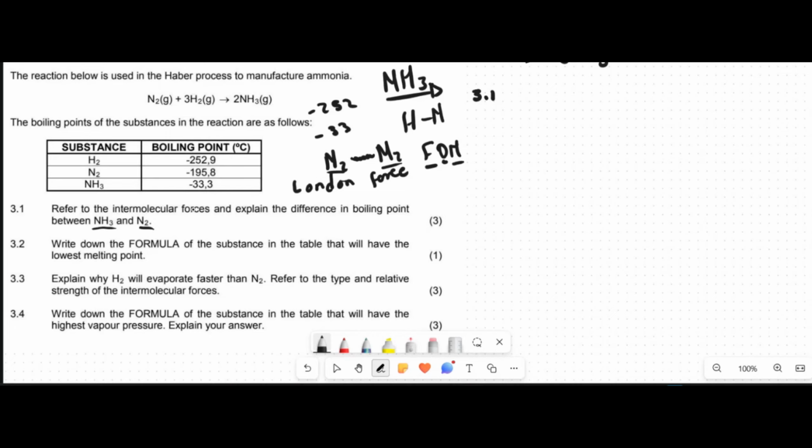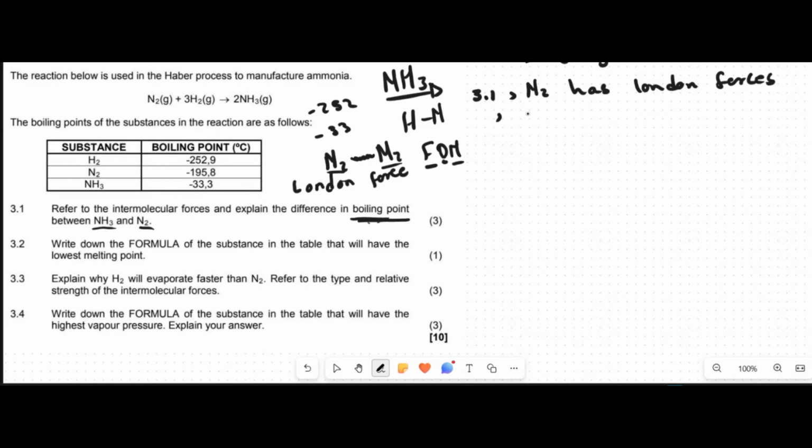So now you are going to explain the difference in the boiling point in terms of the intermolecular forces. So the way you respond to this, you're going to say N2 has London forces, London dispersion forces. It's fine.